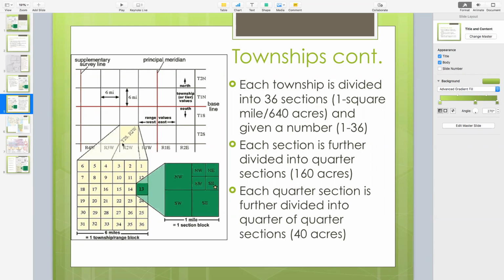So how do I know it's township 2 south, range 2 west? I need to start at my baseline and move 1, 2, township 2 south. I moved south from the baseline 2 townships. And here's our principal meridian. I needed to move 1, 2 ranges towards the west, R2 west.